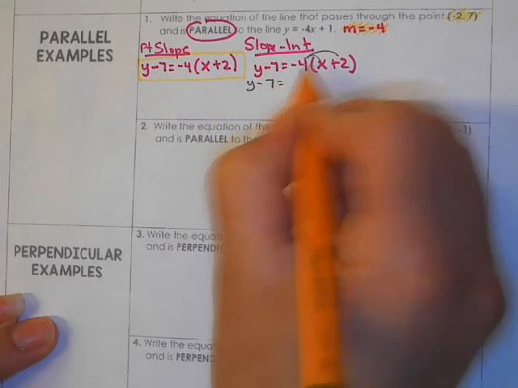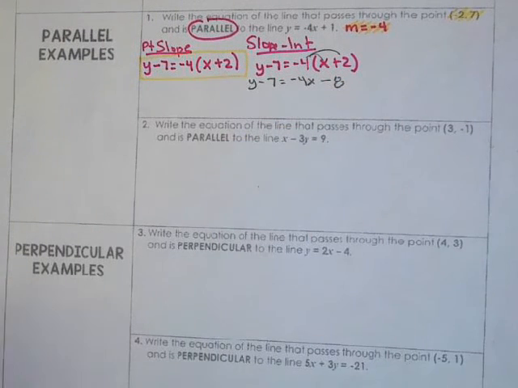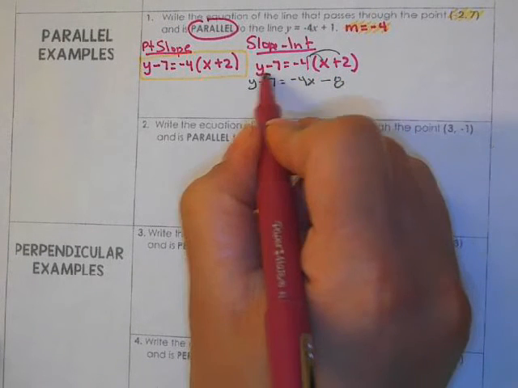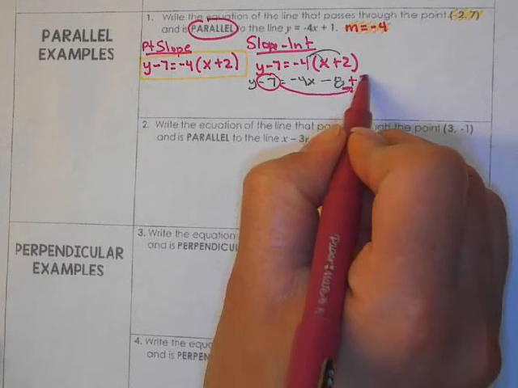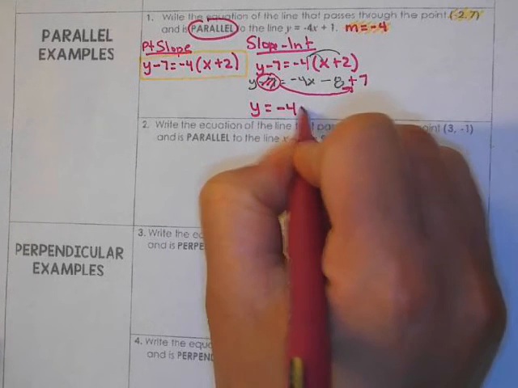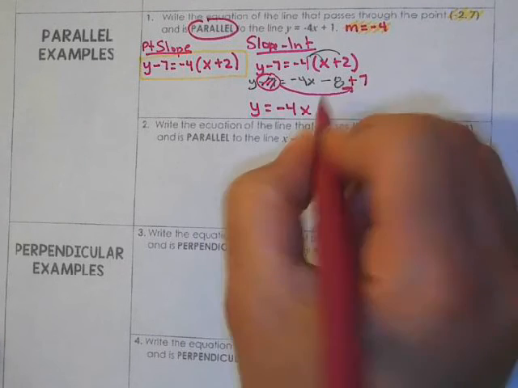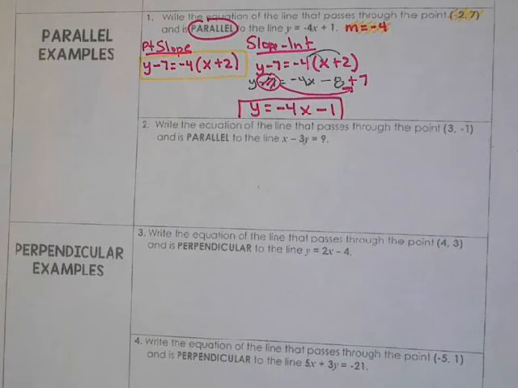So y minus 7 is equal to -4x minus 8. And finally, get y alone by moving this guy over and putting the opposite sign. So your final answer is y equals -4x, and -8 plus 7 is -1. So that's the answer in slope-intercept form.